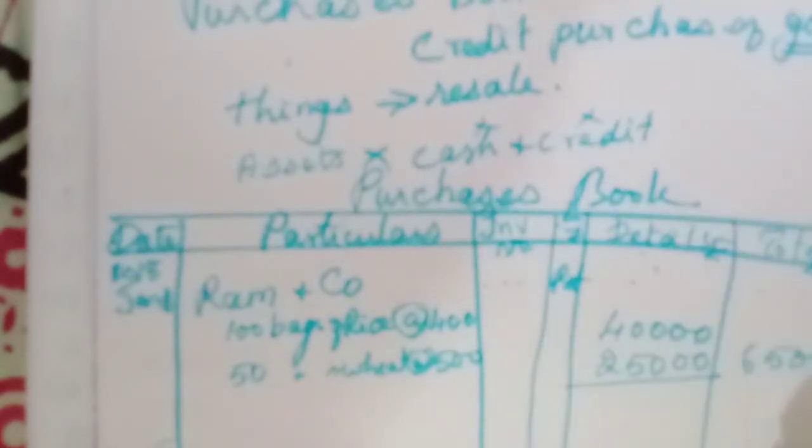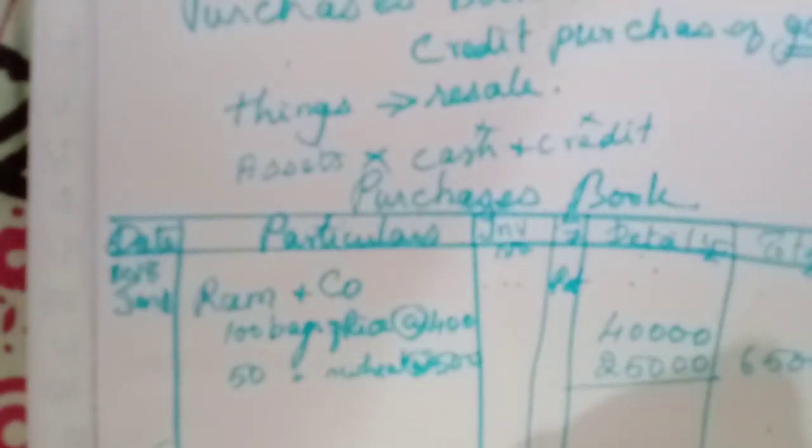We will write all the amounts and at last we will write the total. This one only we will post. There we will write not total but purchases account, because we are posting to the purchases account debit side, debtor. Debit side, debtor we have to write.